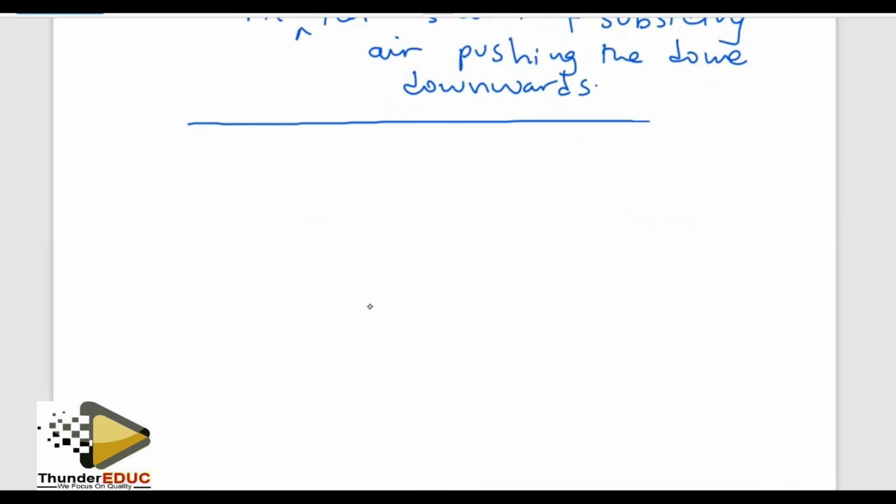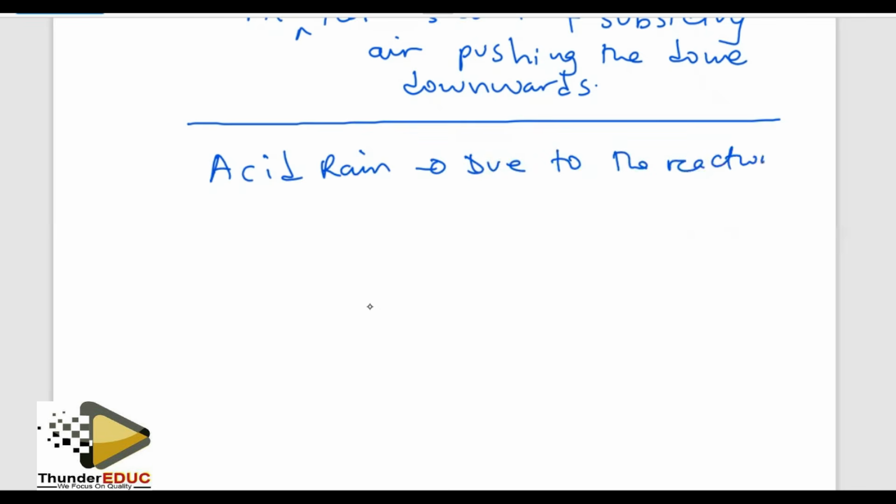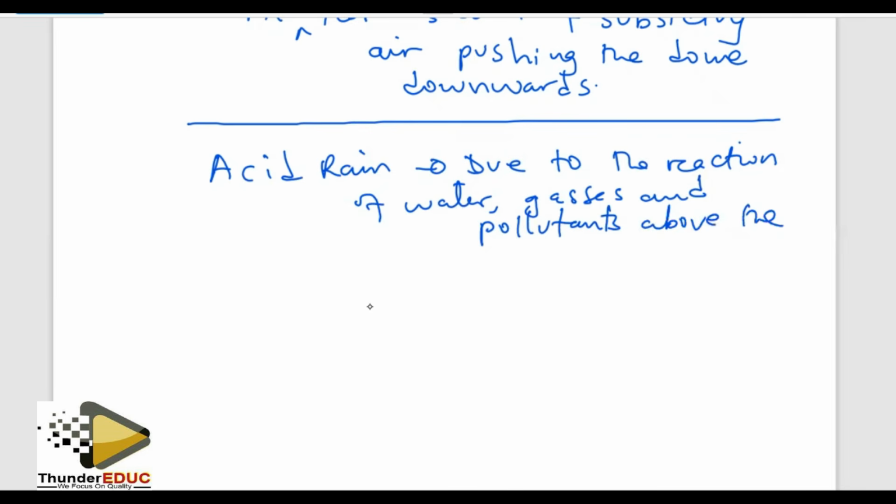About acid rain, it could form due to the reaction of water, gases, and pollutants above the city. So when those mix up, the chances of experiencing acid rain will be high.